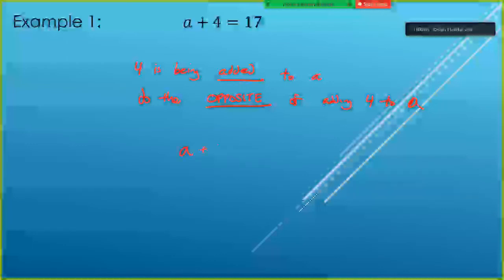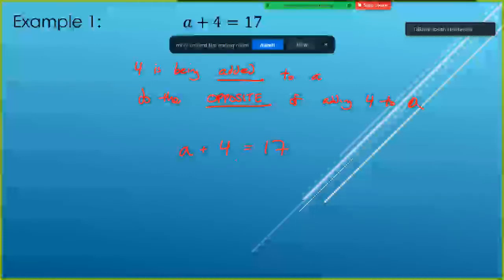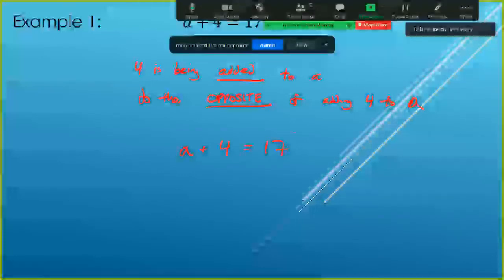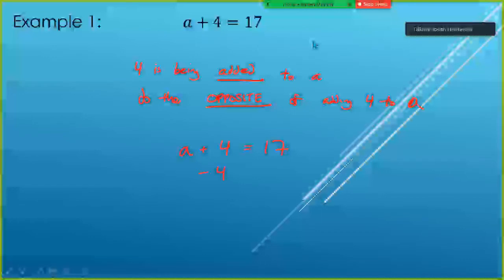So I'm going to just move my problem down below here. So here's our problem, and I'm going to identify what's happening to the A, and then I'm going to do the opposite. And another note, we have to do this opposite to both sides. So what I mean is both sides of the equal sign. We do it on the left side and the right side of the equal sign. So on the left, we've got 4 minus 4.